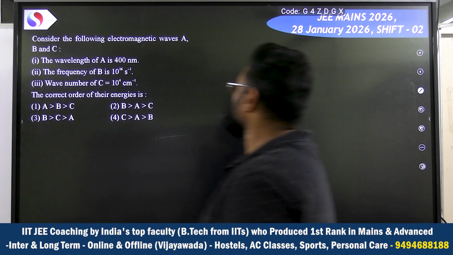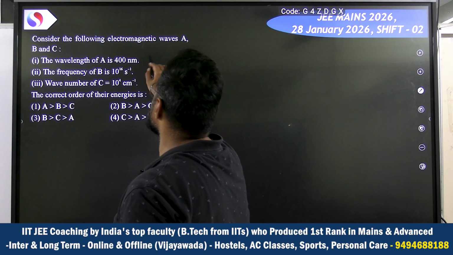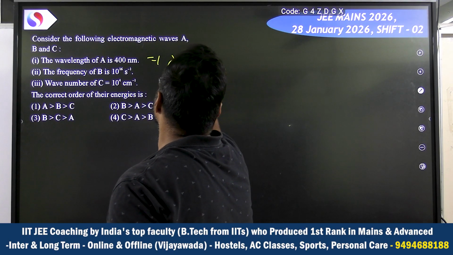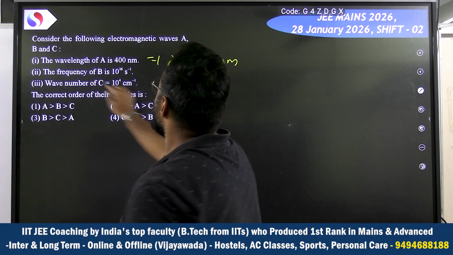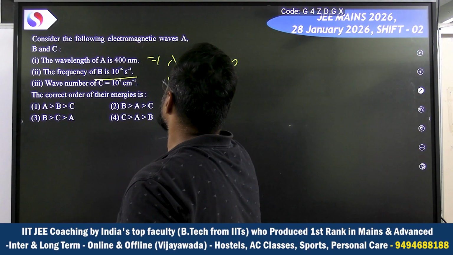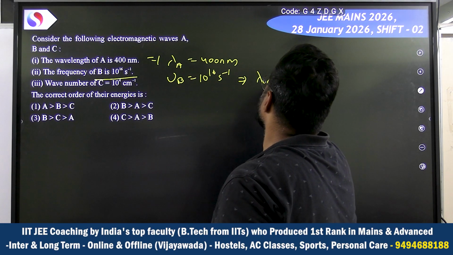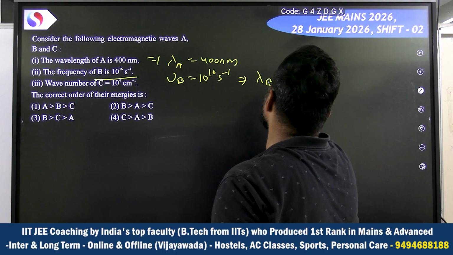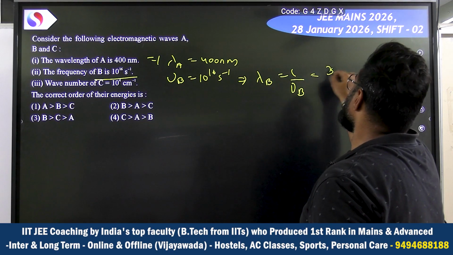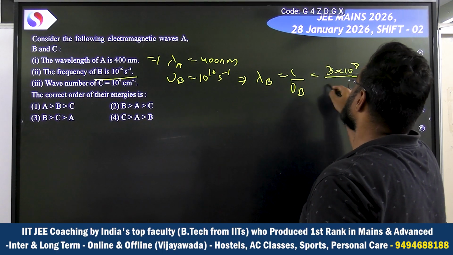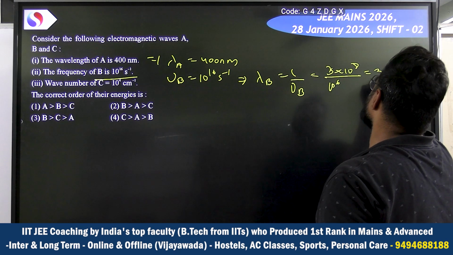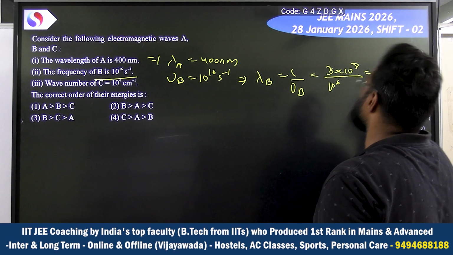Chalo, consider the following electromagnetic waves A, B, C. Lambda of A is given as 400 nanometer. Frequency of B is given as 10 to the power 16 per second. So lambda of B is c by nu, 3 into 10 to the power 8 divided by 10 to the power 16, that is 3 into 10 to the power minus 8.